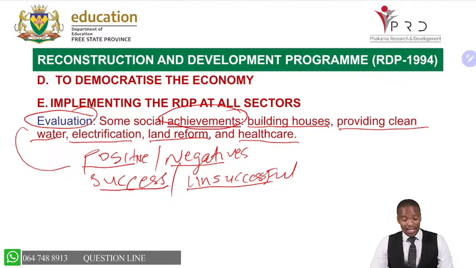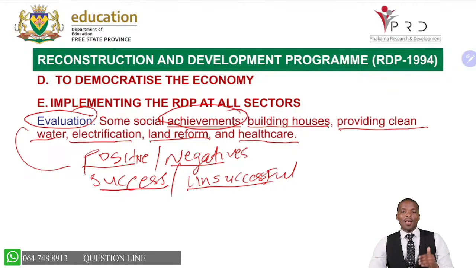So in our exam, we just say to you, evaluate the Reconstruction and Development Programme that is used in South Africa. The introduction, you're going to tell us that it was introduced in 1994, if you remember the year. If not, don't mention the year. It was a policy by a government to meet the basic needs of the people, develop human resource, and also to have a democratic economy, implement that in all sectors.